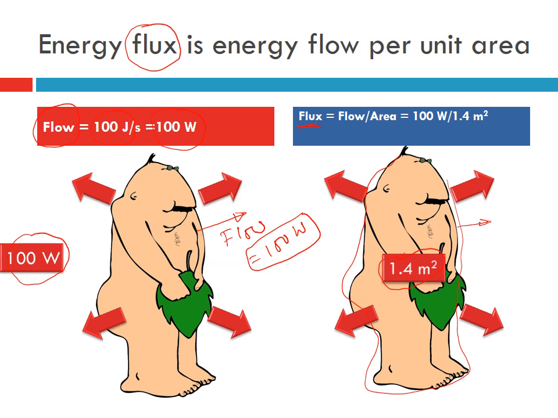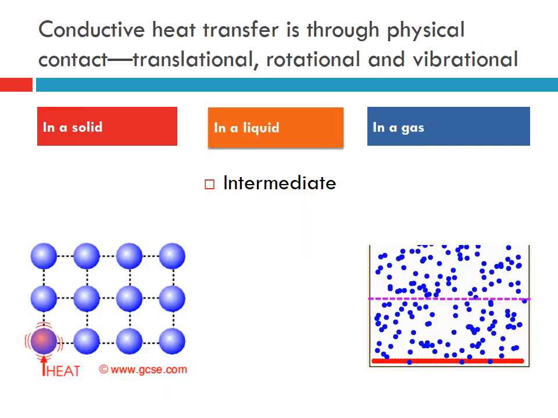So flux is flow per unit area. And so it's 100 watts divided by 1.4 meter square, which gives me 70 watts per meter square. So flux is 70 watts per meter square. You notice that flow is in watts and flux is watts per meter square, per unit area. We can't forget about these two things.